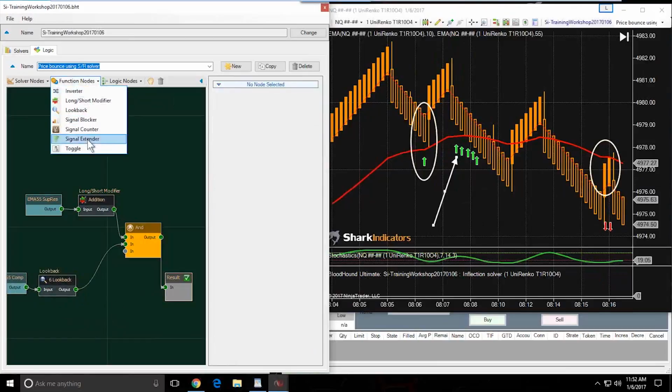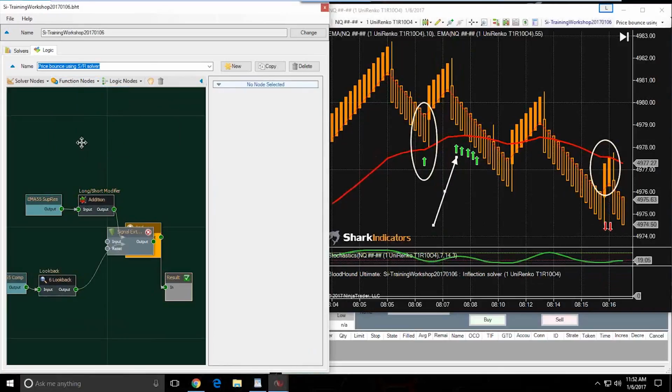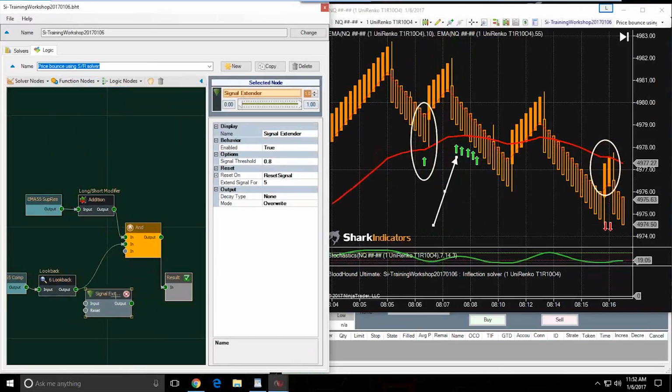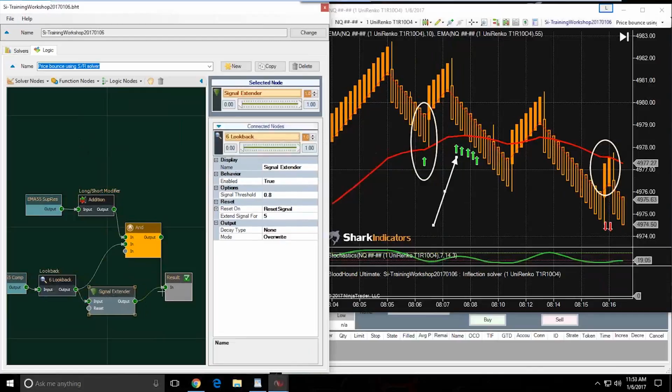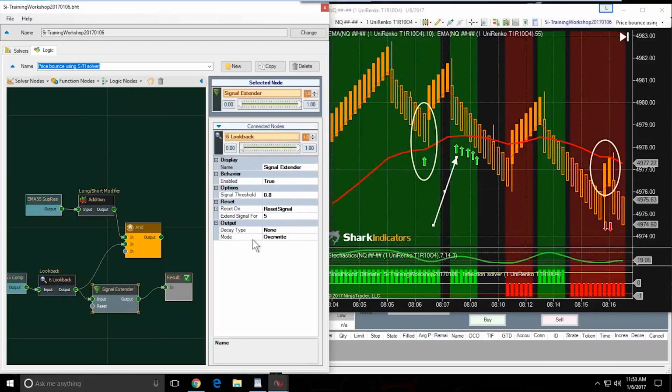So I'm going to try using the signal extender. The signal extender does just what it says: it will extend a signal forward in time. Let's extend our signals forward for at most 3 bars.